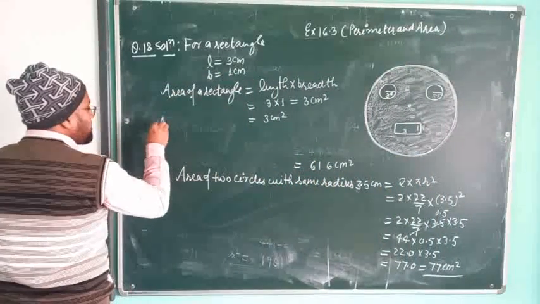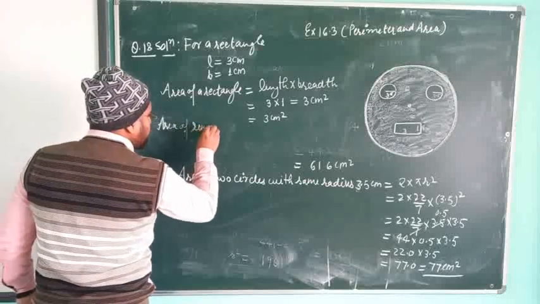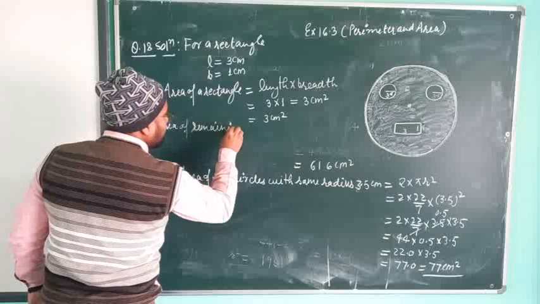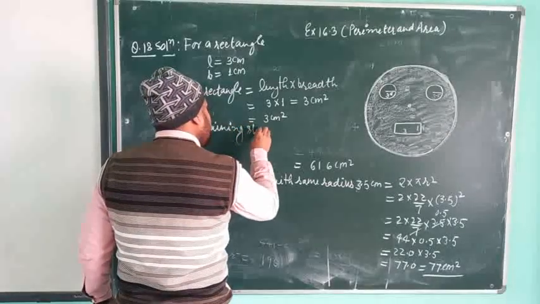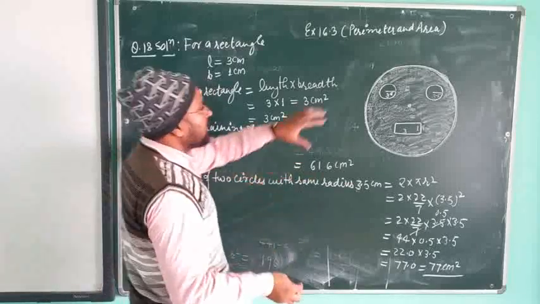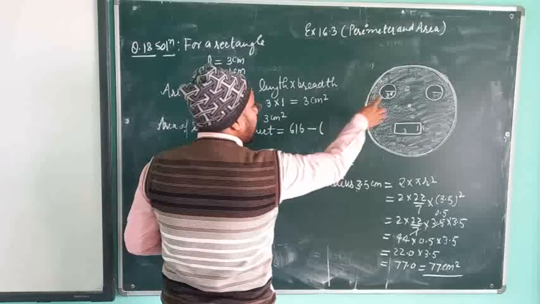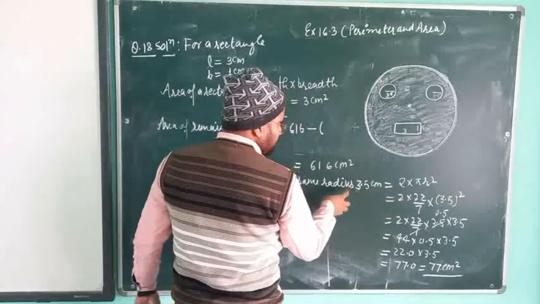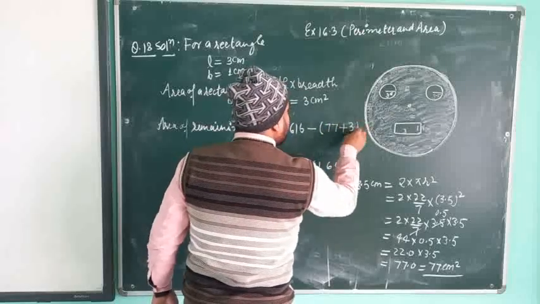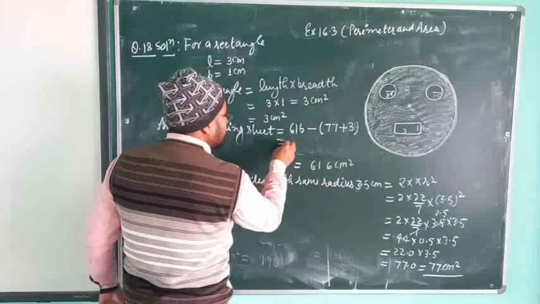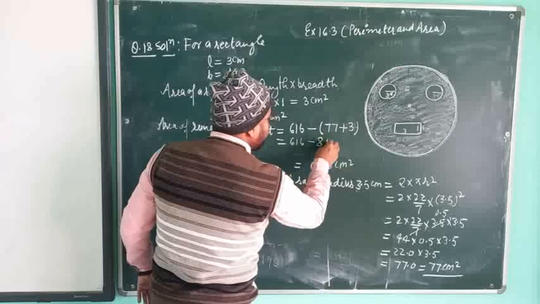The area of the remaining sheet is the total area of the circular sheet, 616, minus the area of the two small circles, 77, plus 3, the area of the rectangular sheet. 616 minus 80.